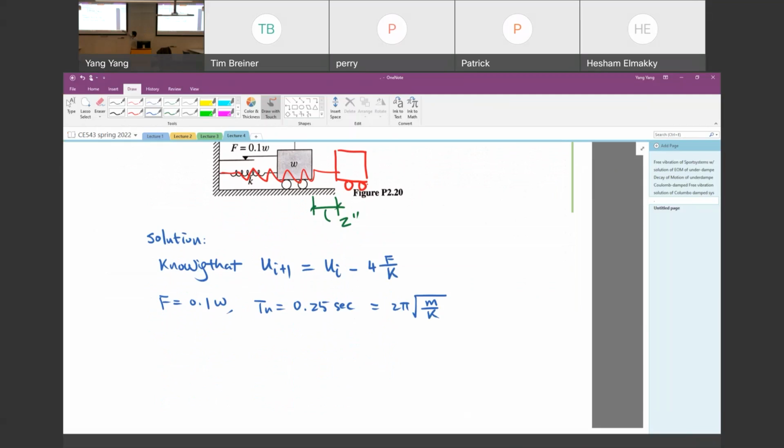The larger the mass, the lower the natural frequency. So we can just express the k as a function of the T.